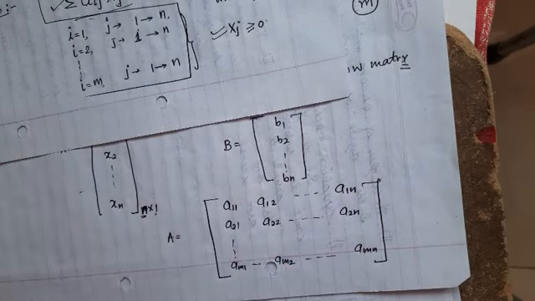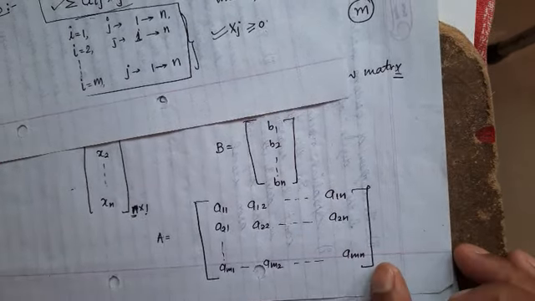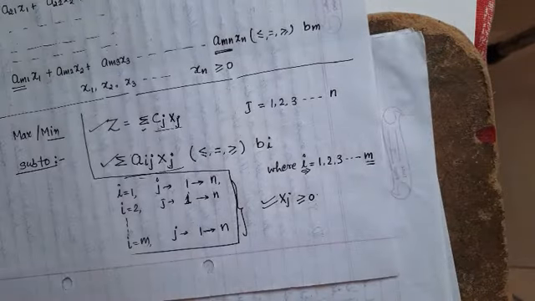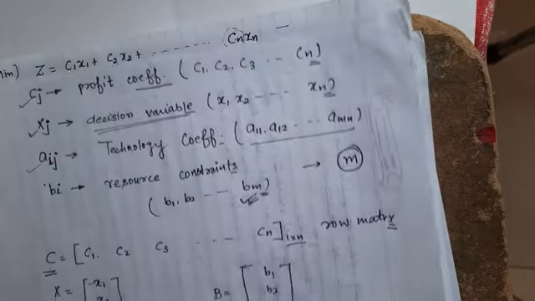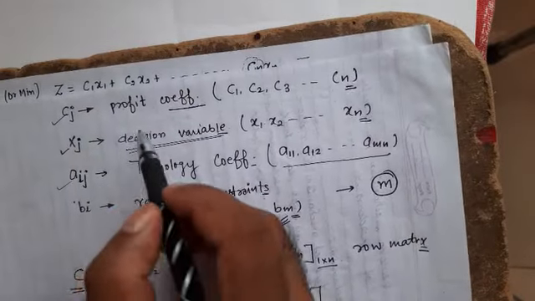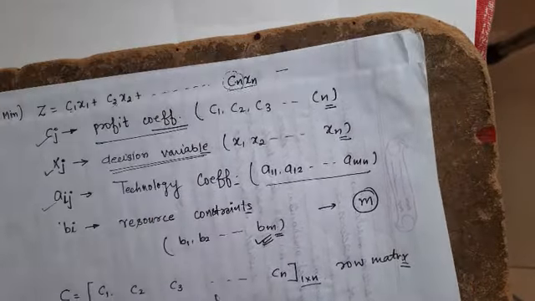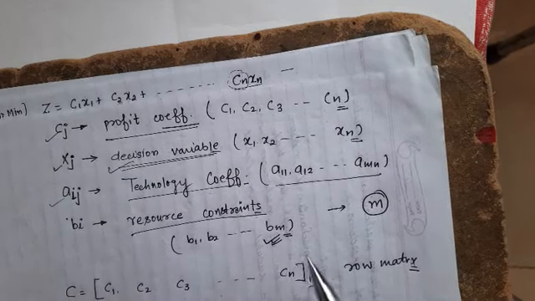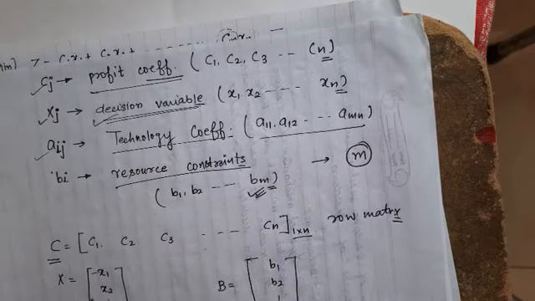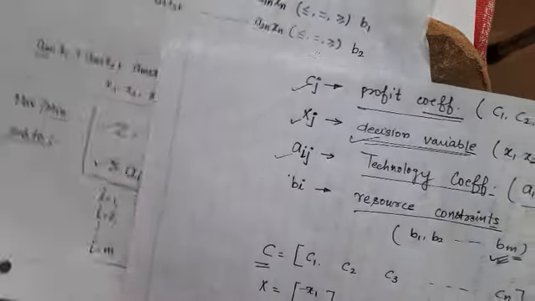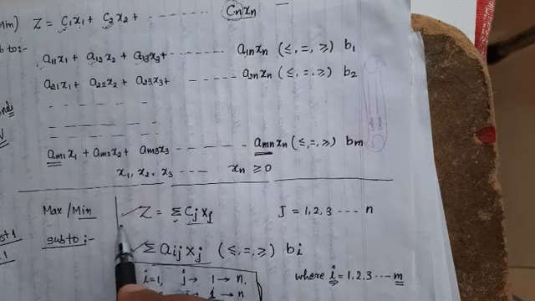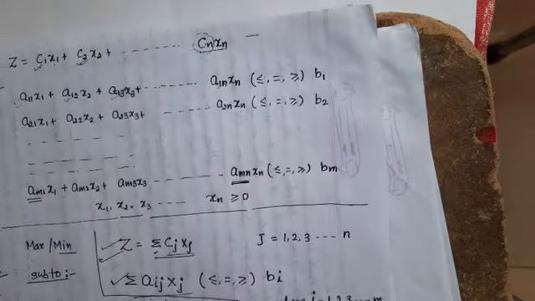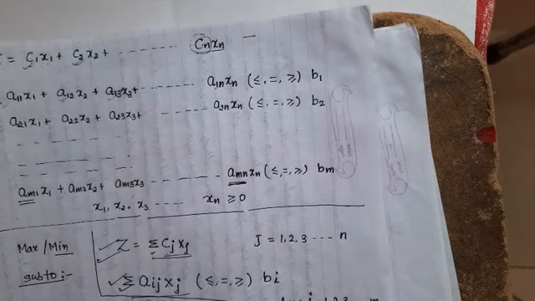This is the general form of the linear programming problem, and these are the few technical terms that will be used in solving the problem: profit coefficient, decision variables, technology coefficient, and resource constraints. In simple form I can write it as C into X, and these are the set of constraints.